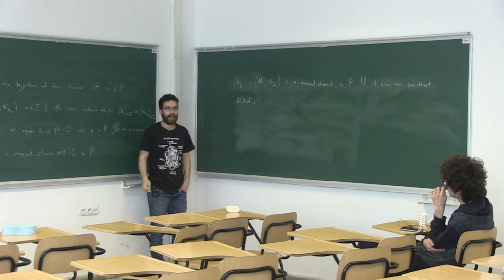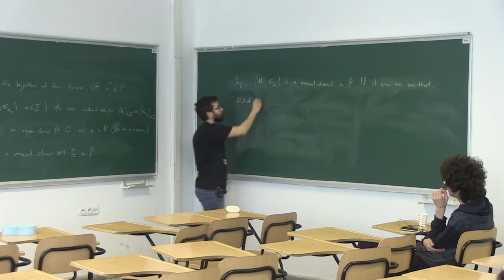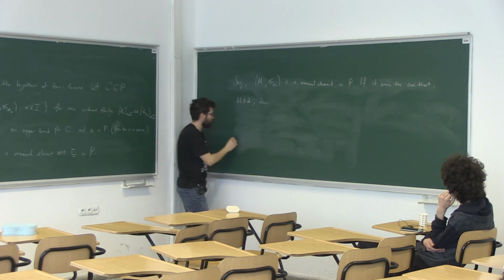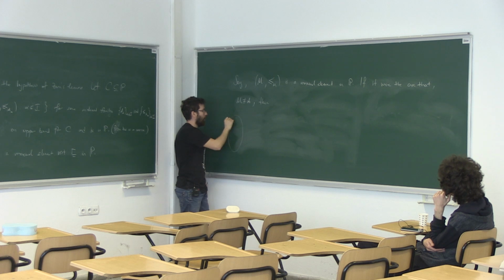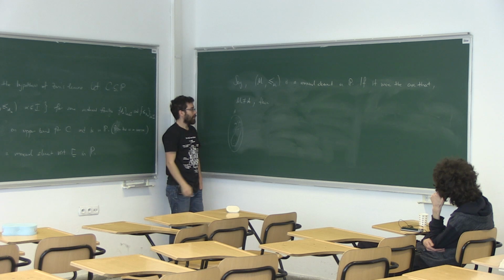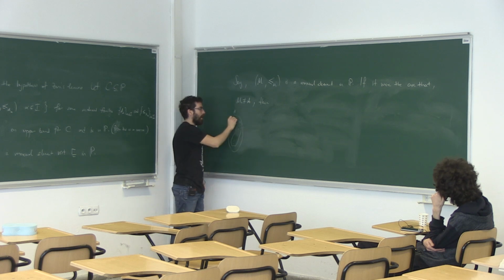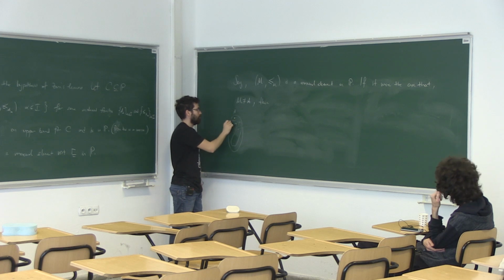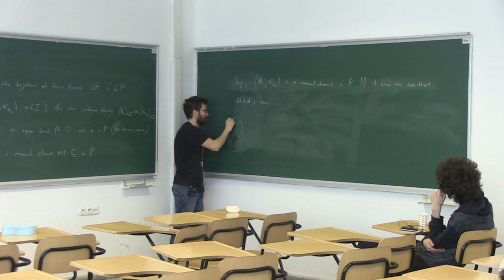If this were not A, here's what I would do. I have some A, I have some M, and this is ordered by some relation. I don't care how it's ordered. Now, if these are not the same, I would pick some element outside, little a.